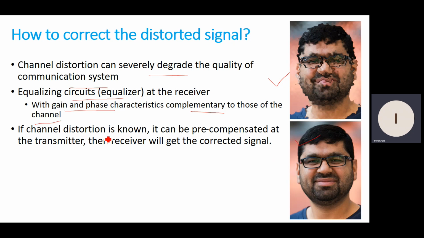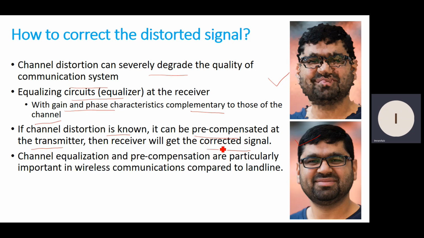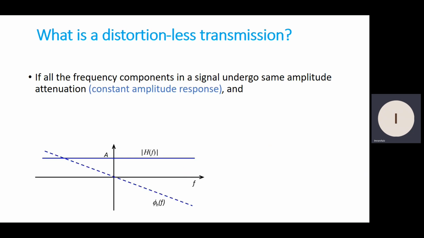So if channel distortion is known, it can be pre-compensated at the transmitter, and then the receiver will get the corrected signal. So this is how we can correct the distortion. And this equalization and pre-compensation are particularly important in wireless communications compared to landline systems.